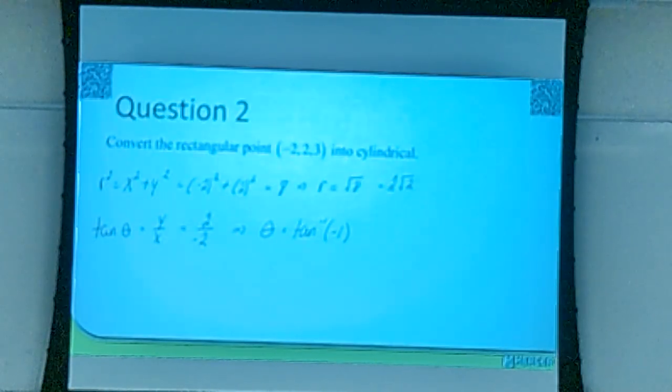In the second quadrant. So it's not just the inverse tangent. You're correct, the angle is going to be 3 pi over 4. But it's not the inverse tangent. You have to add pi to it.